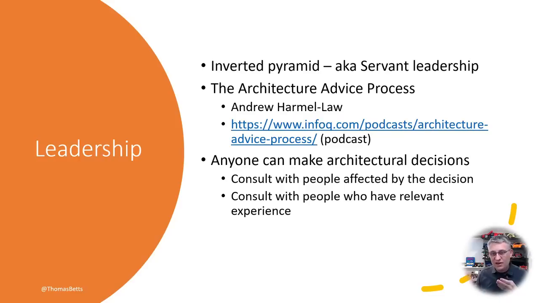And he uses ADRs as a framework to have developers encouraged to make architectural decisions. The architects are there to provide advice and help identify those people who will be affected by the decision or the people who have the relevant knowledge, because the architects may know more of the organization. But it all brings us back to the importance of communication. We're communicating how to make architecture decisions.